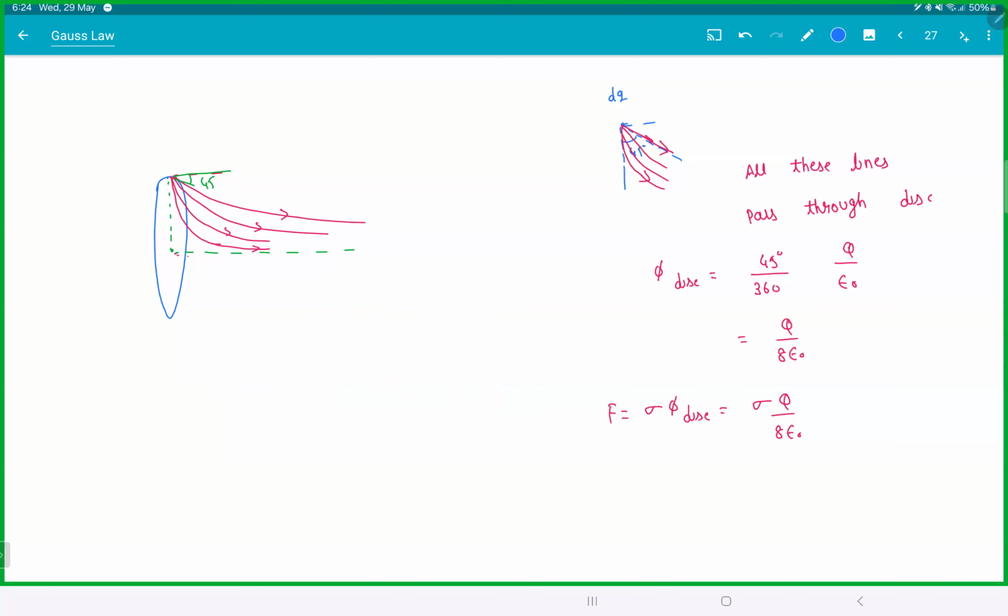All clear with this? Field along axial line is along it. Clear? Next one.